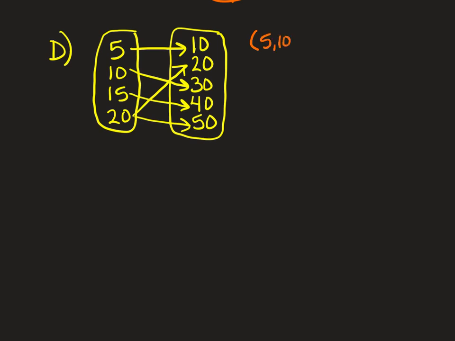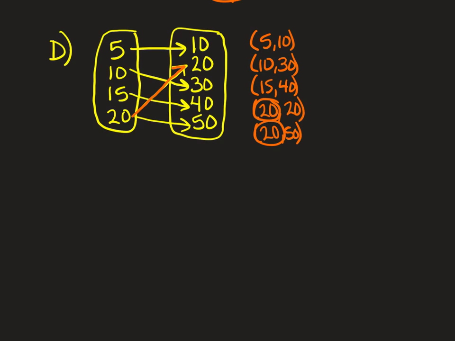This would be 5, 10; 10, 30; 15, 40; and notice that 20 goes to two different y values, 20, 20 and 20, 50. So notice that the 20s for x repeat. You'd notice 20 maps to two different values for y. So my input x has two outputs y. So no, this is not a function.